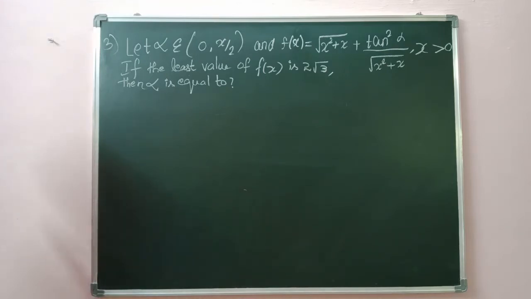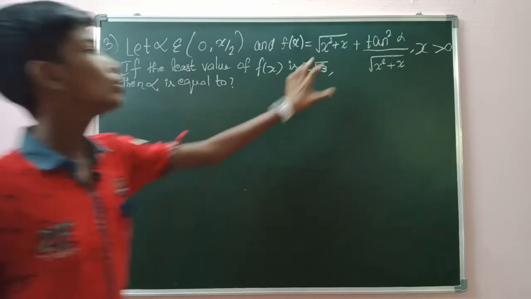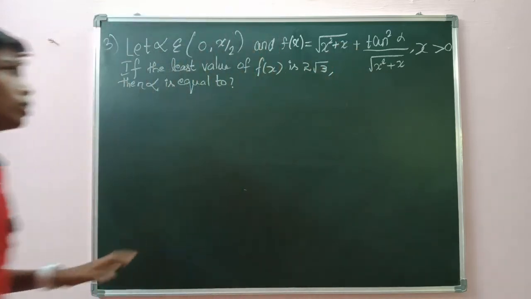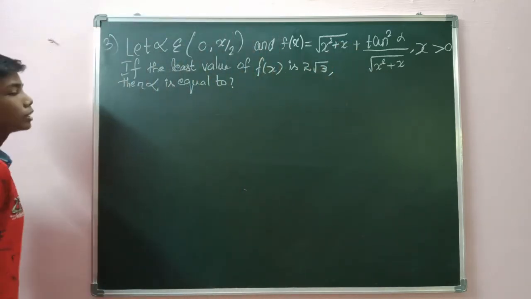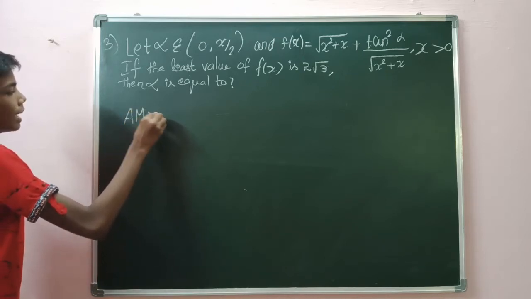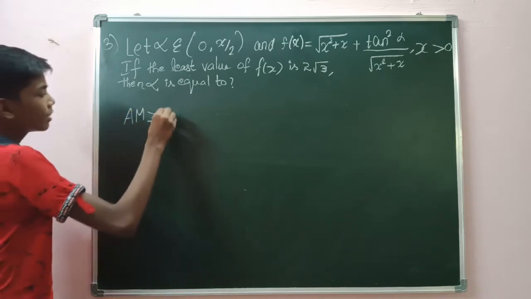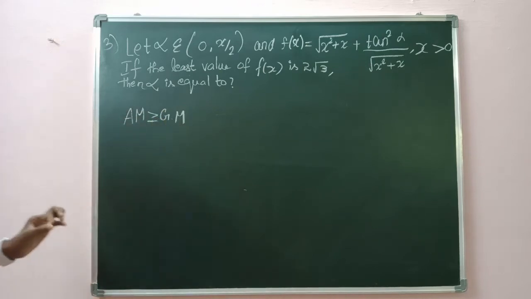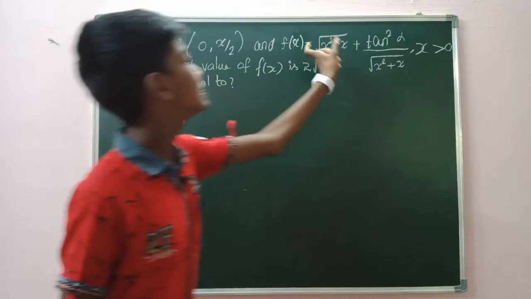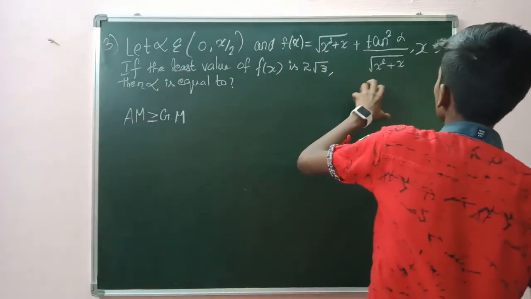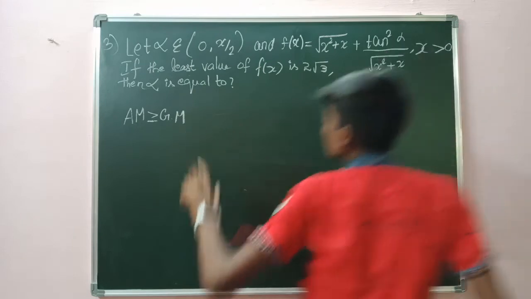So using the AM-GM inequality, let me take these two terms first. When I add these two terms, what your AM-GM inequality says is this: arithmetic mean is greater than or equal to geometric mean. Now when you consider these two terms, that is √(x² + x) and tan²α/√(x² + x), what will be your AM?